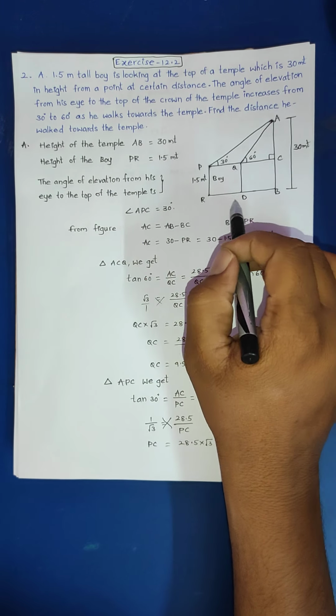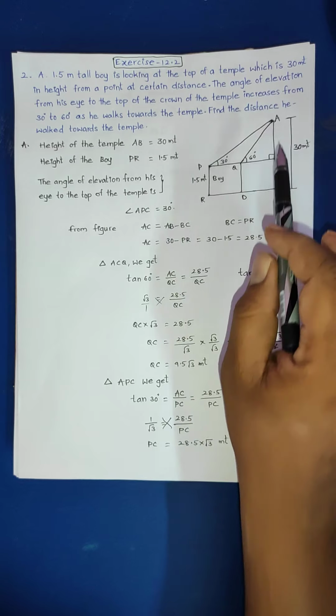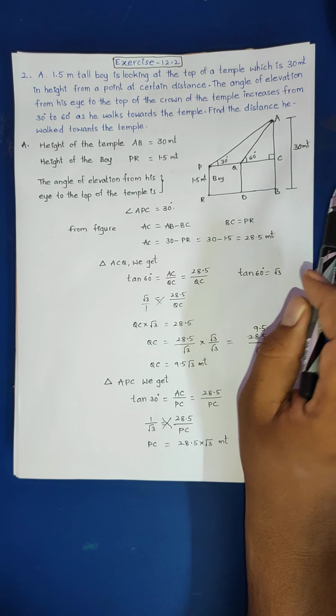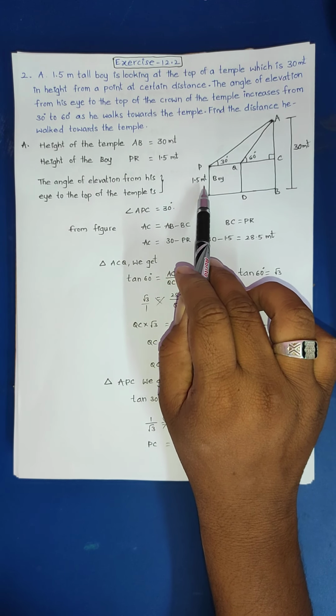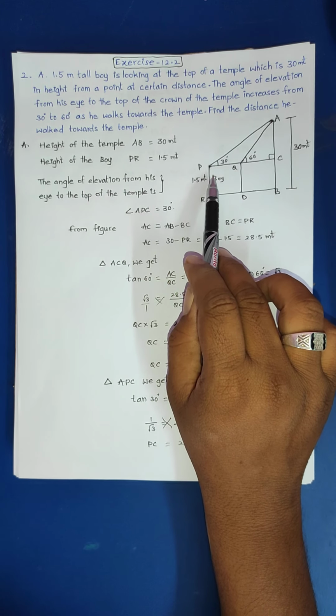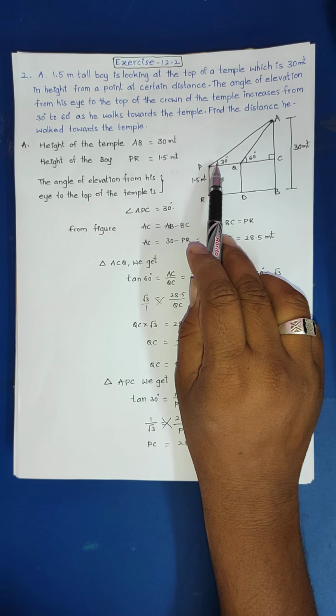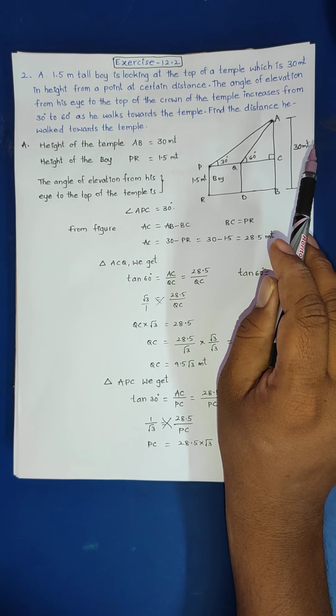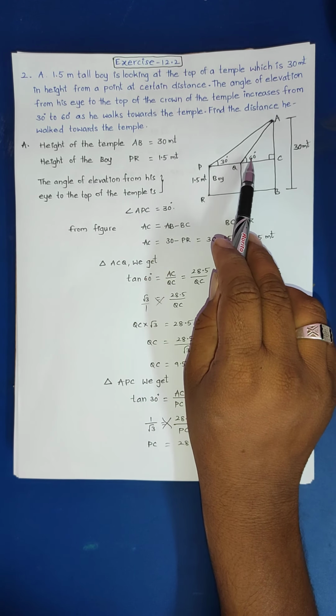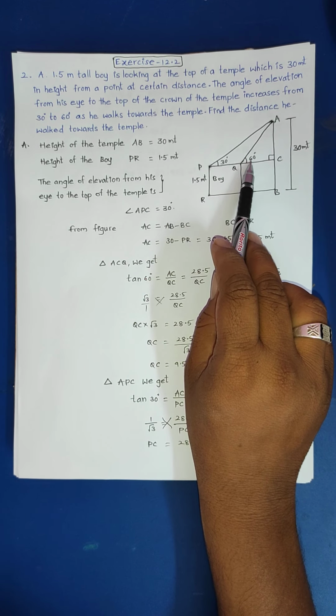Understood? In this diagram, AB is the height of the temple. PR is the height of the boy, the observer. When he observed the first time, that angle is 30 degrees. After he walked, that time the angle is 60 degrees.